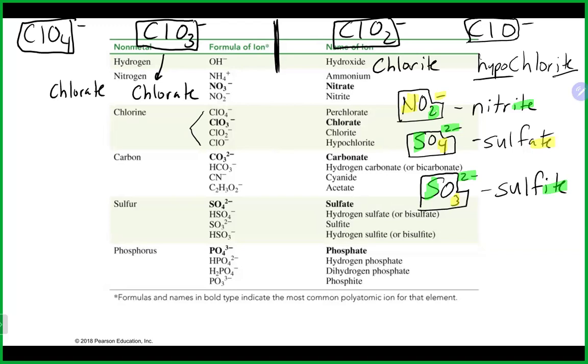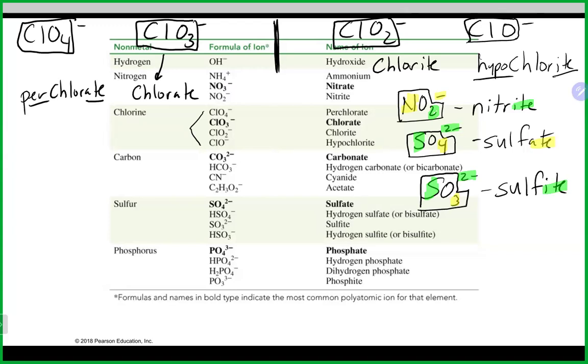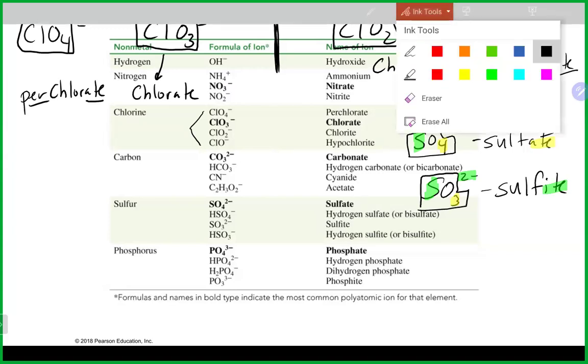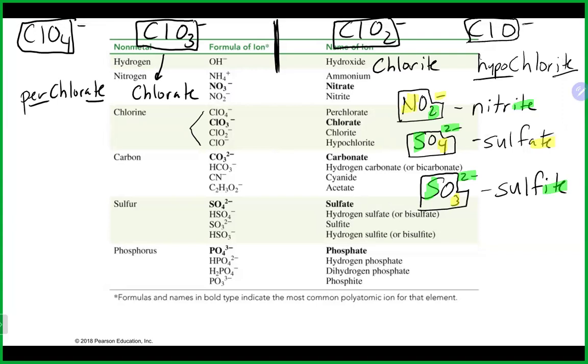But just like on the right-hand side, we can't have the same name for two different things. So in a grouping of 4, the one with the most oxygen will also start with per. So perchlorate, chlorate, chlorite, and hypochlorite. They all are related to each other by the number of oxygens. Again, they all have a -1 charge.